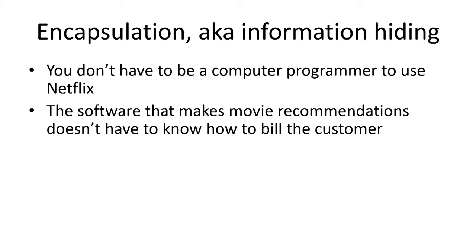You could imagine what would happen if the code that made movie recommendations somehow started to take a dependency on the details of the billing system while the billing system was changing, right? It would mean that you couldn't change the billing system without breaking the recommendation engine, and that would then make for a bad user experience. It would make for extra expense for Netflix, be just badness all around. Right?